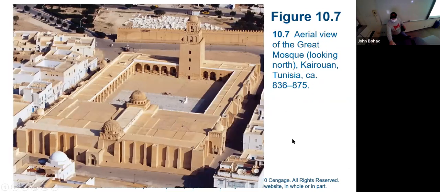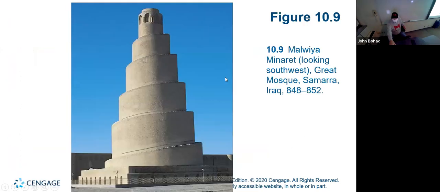Great Mosque in Tunisia. Same pattern, the domes and the minaret being right here. And a minaret in Samarra, Iraq.